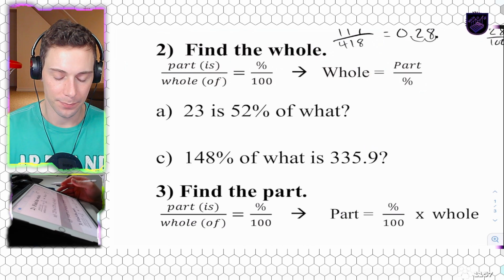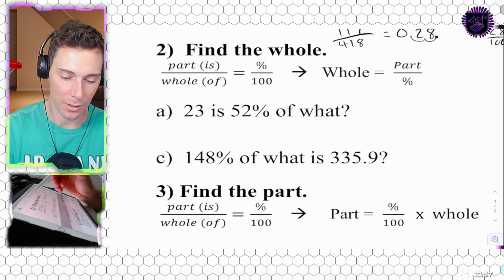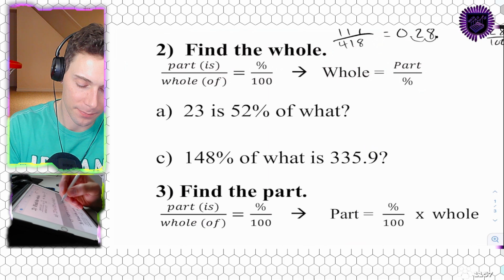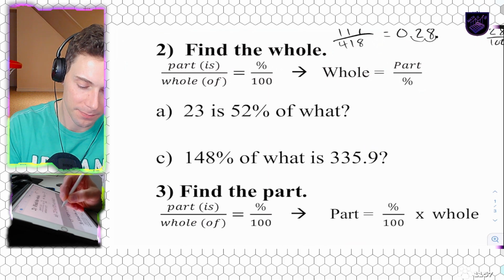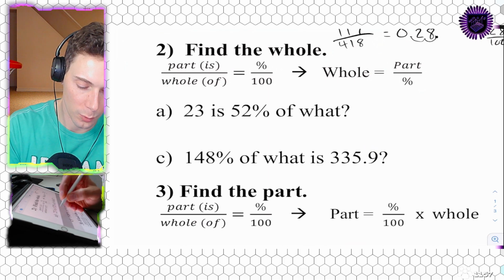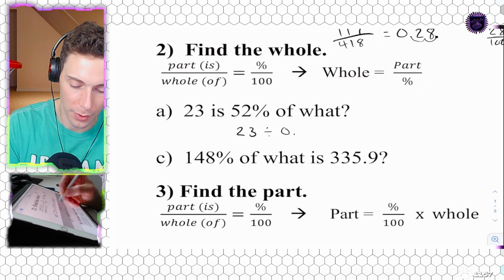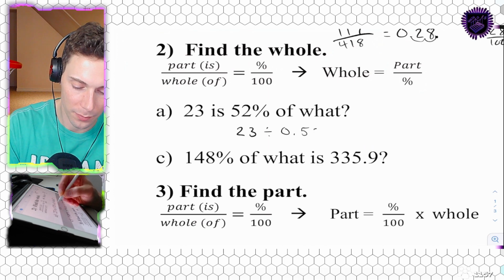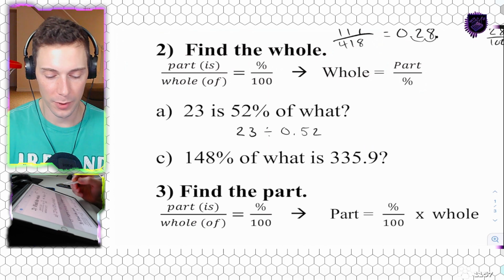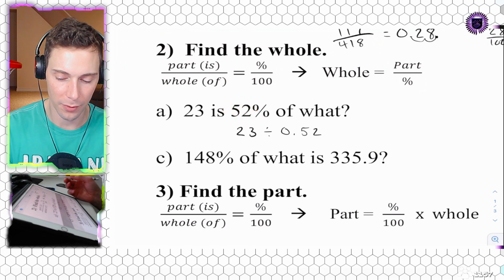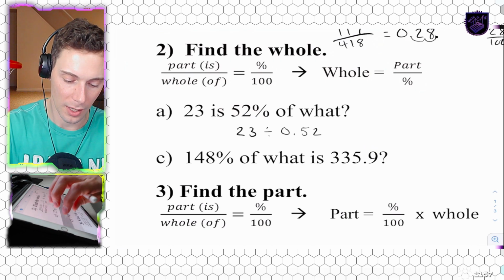Okay, let's write this down. So the whole will be equal to 23 divided by 0.52. So I've just taken this 52%, and changed it into a decimal form.